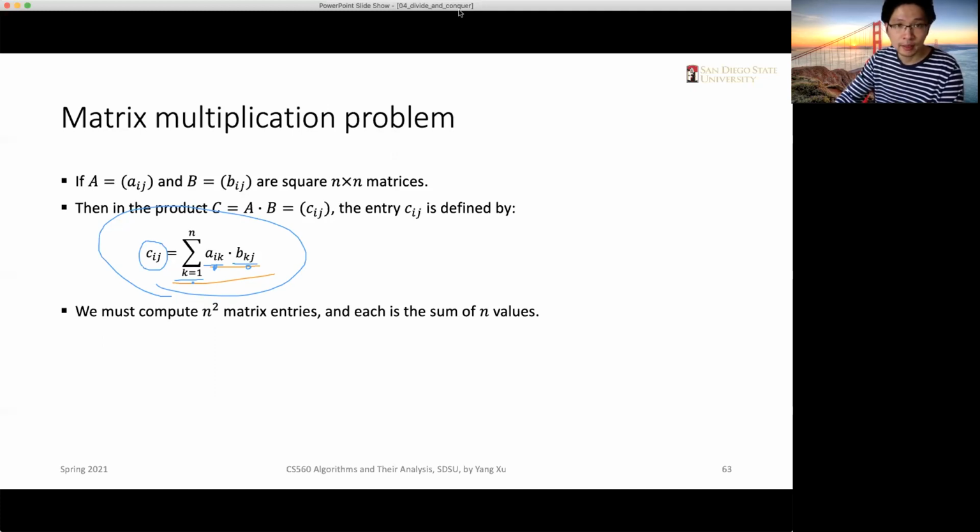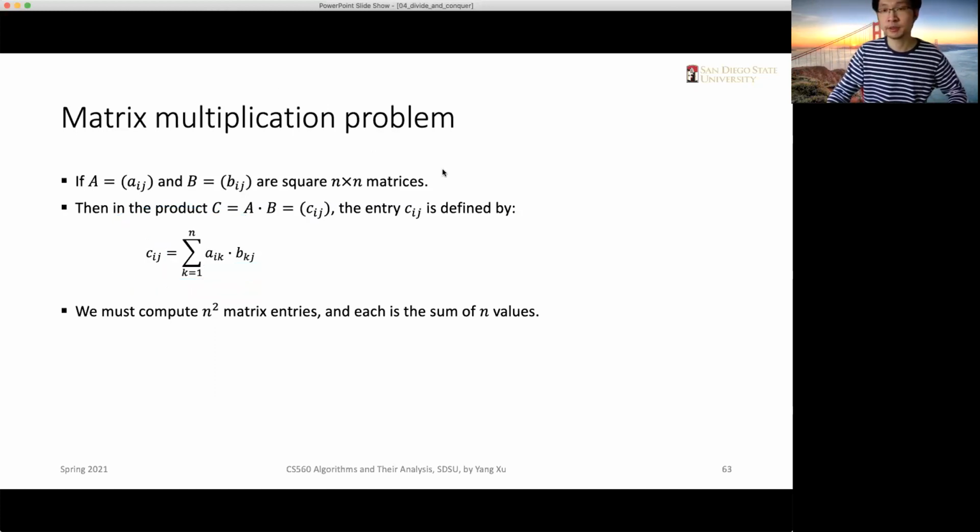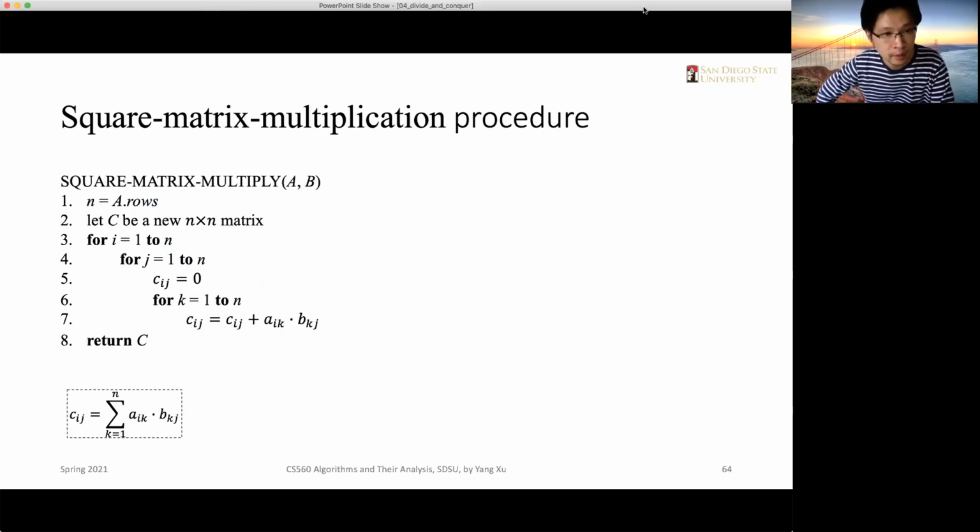All right, and let's look at a very direct implementation of this matrix multiplication. So we define a square matrix multiplication procedure here, and we didn't use anything fancy because we just take the two matrices to be multiplied as inputs, right?